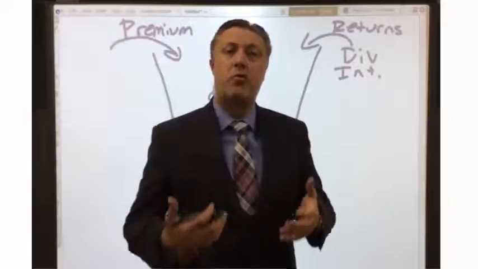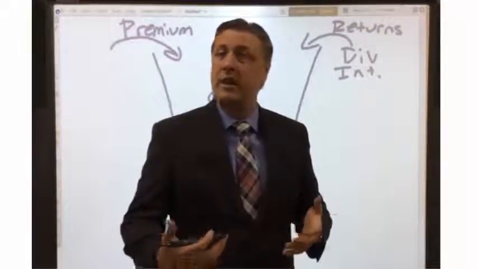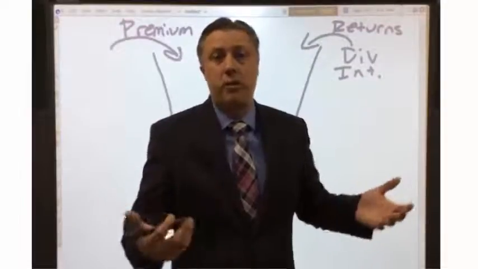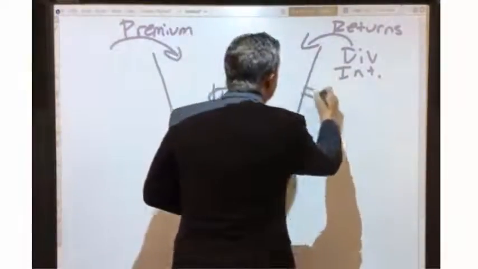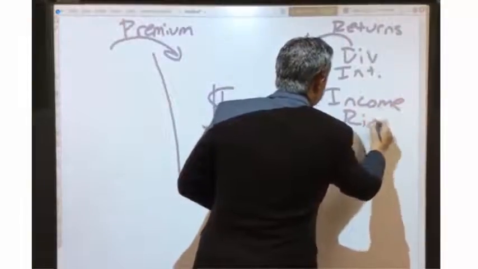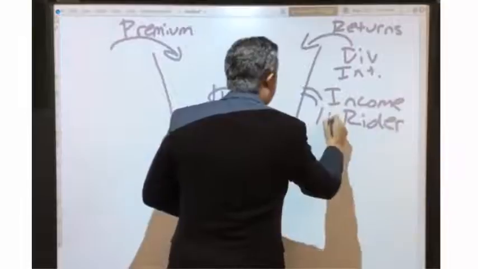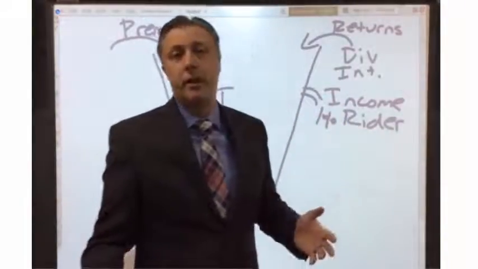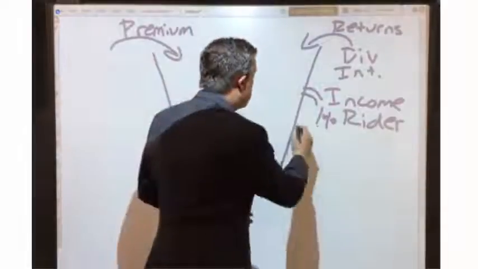A very common rider is an income rider. And it's very customary to see those be charged at 1%. Another common rider that's used is the death benefit rider, and that could be charged at 1% as well.